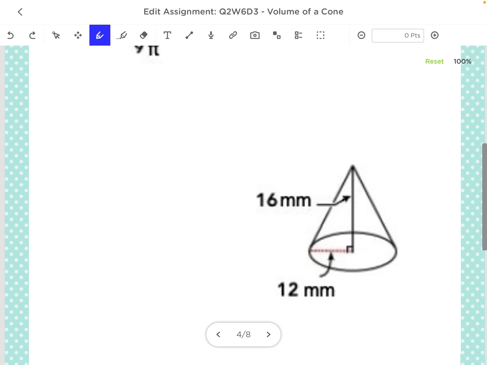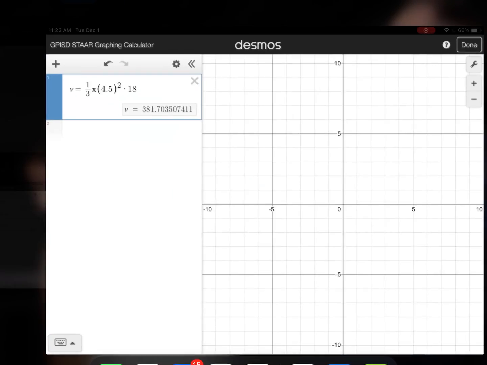Okay, we start with our formula. Volume equals 1/3 area of the base times height. So we can plug that in.